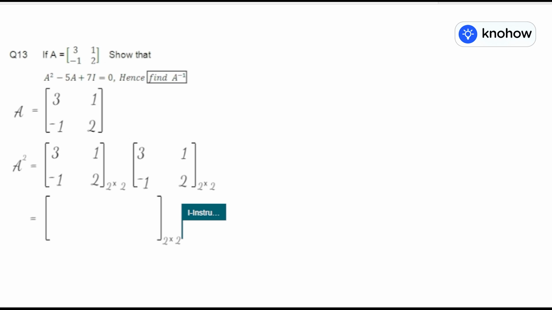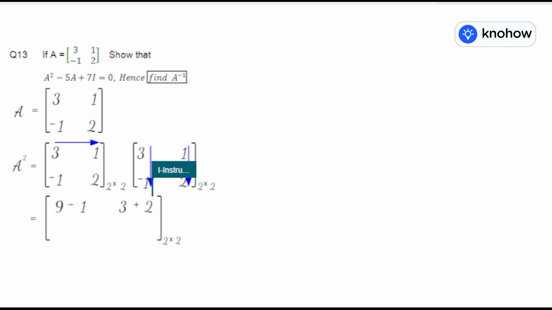By now you know how to multiply the elements of the first row with the first column. So you get 3 into 3, 9, and 1 into minus 1, minus 1. And then 3, 1 multiplied by 1, 2 gives you 3 plus 2.